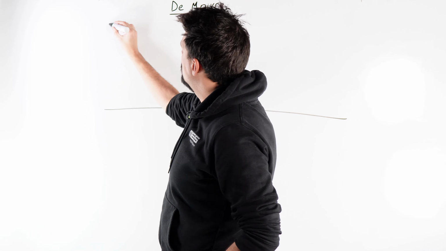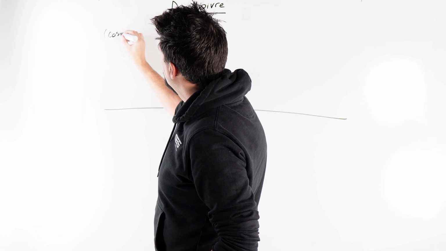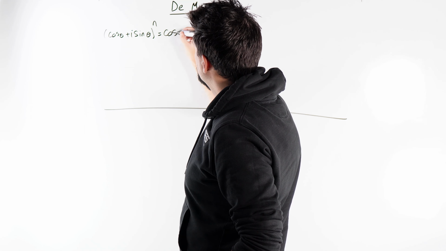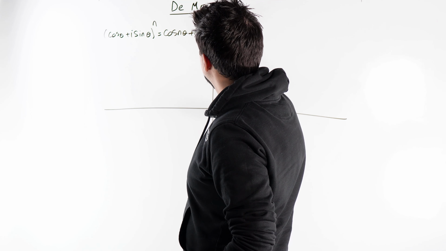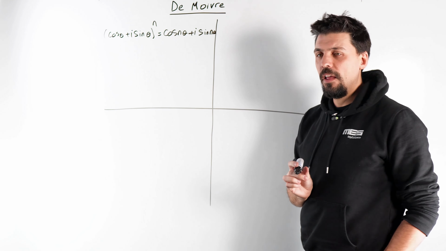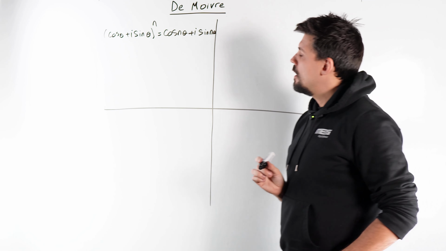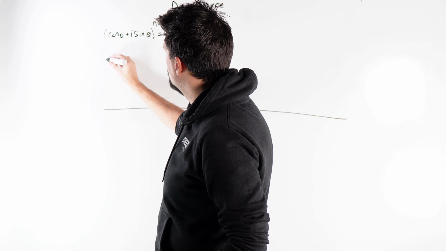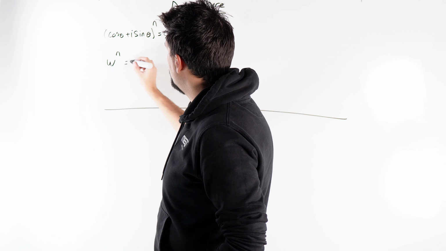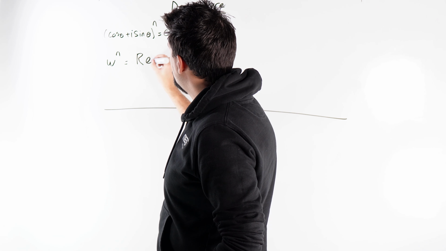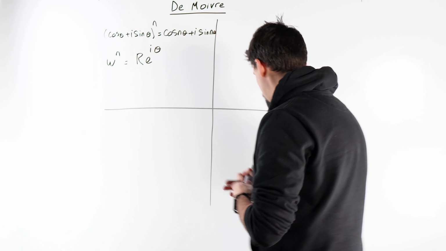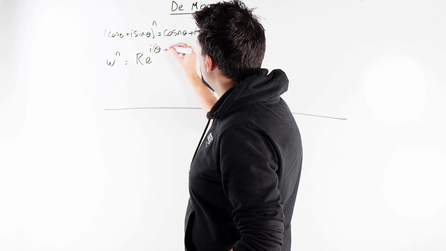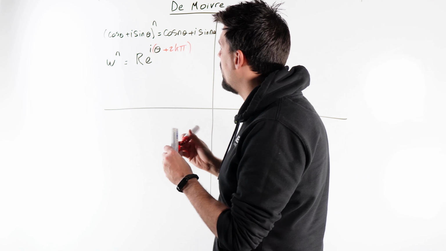Right. In its most basic form, cos theta plus i sine theta to the n is cos n theta plus i sine n theta, which is very, very helpful. If I have w to the n is equal to, I don't know, r e to the i theta, we want to solve something in any form like this one. Remember, we're going to put a little plus 2k pi up there.